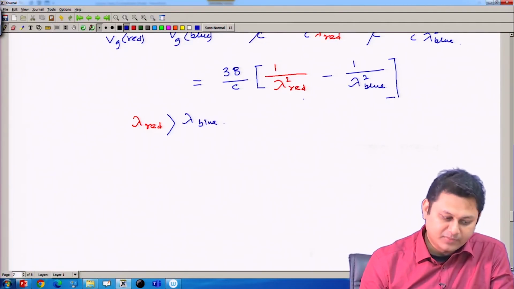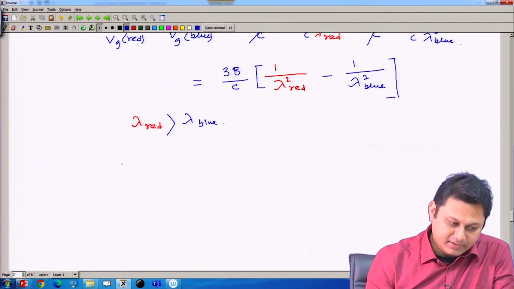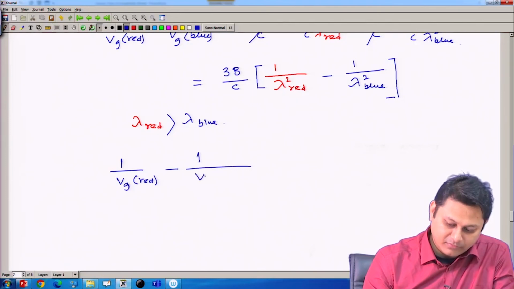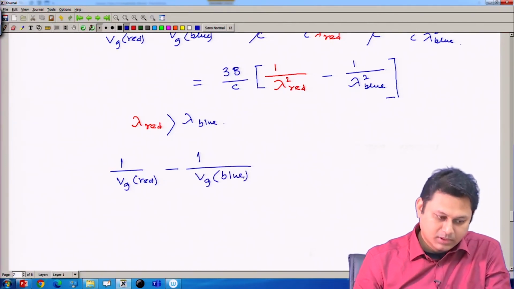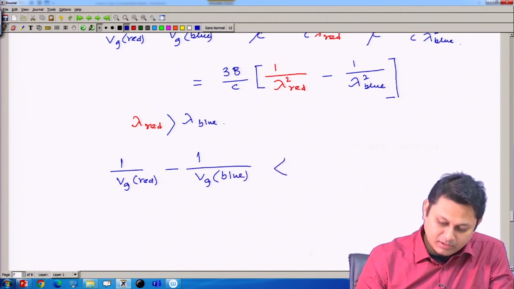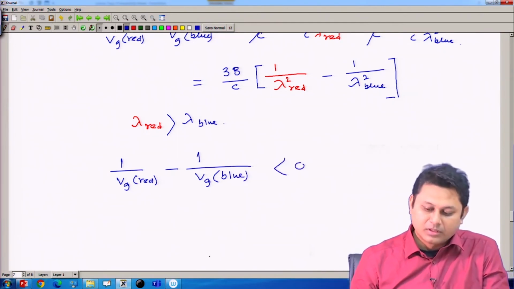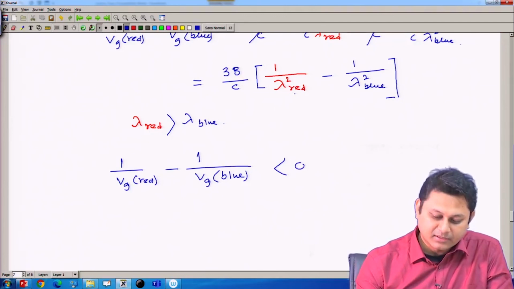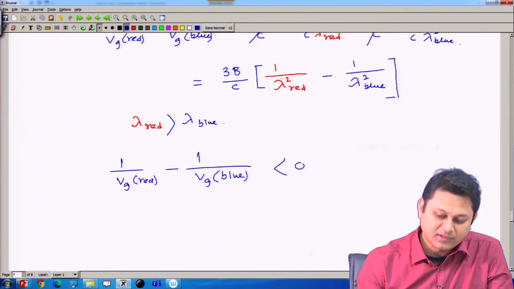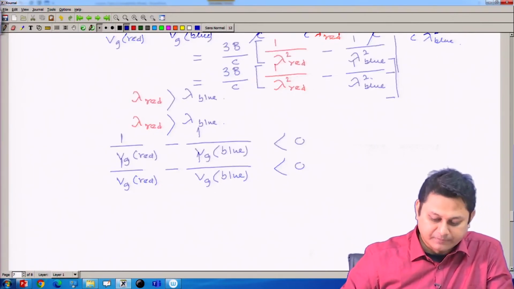So, from this quantity, 1 divided by Vg red minus 1 divided by Vg blue is simply less than 0, because if lambda is greater, this quantity is lesser compared to this one.